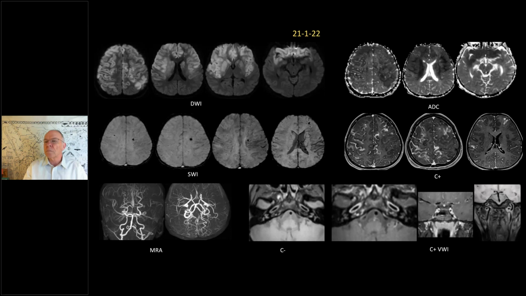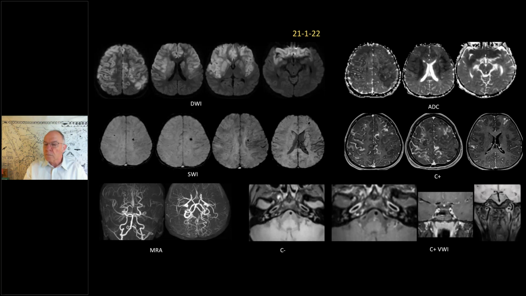On contrast there is leptomeningeal enhancement.